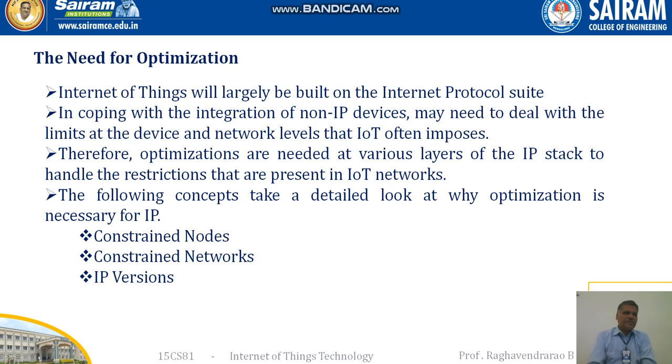What happens in the case of constrained nodes? Power consumption is a key characteristic of constrained nodes. What is that? Basically it's a battery-enabled node with a lifespan of months to 10 years. It's a long time. It's good. Cost is going to be more.